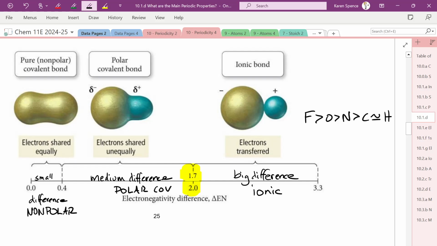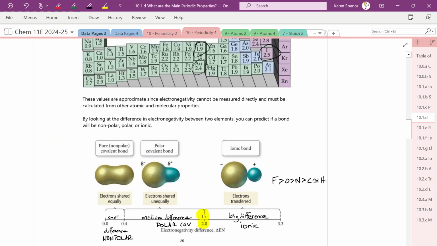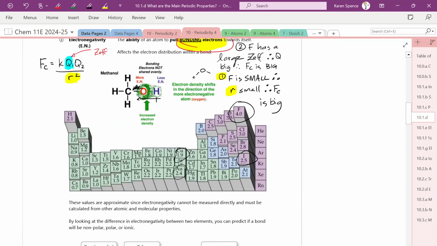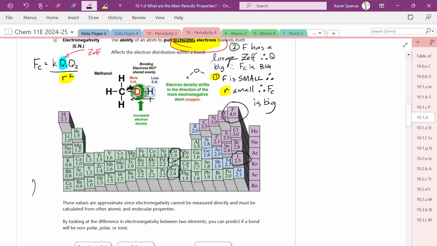Other than the fact that if you have something which is higher on the periodic table, it is more electronegative. If you have something that is lower on the periodic table, it is less electronegative. So, most electronegative, least electronegative.